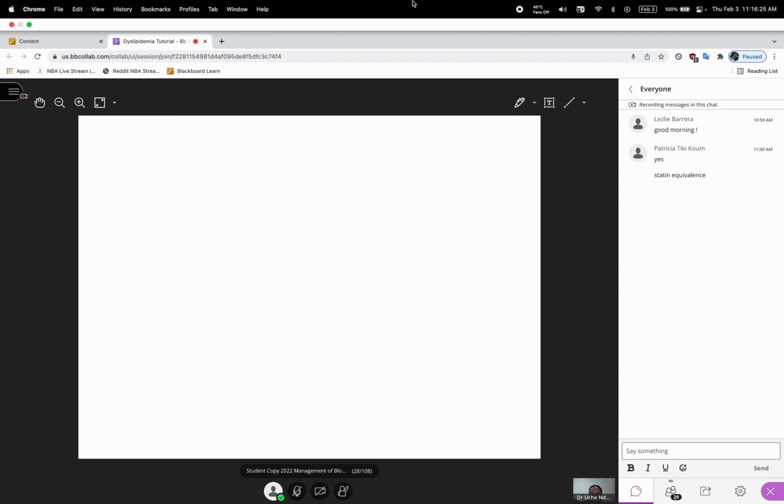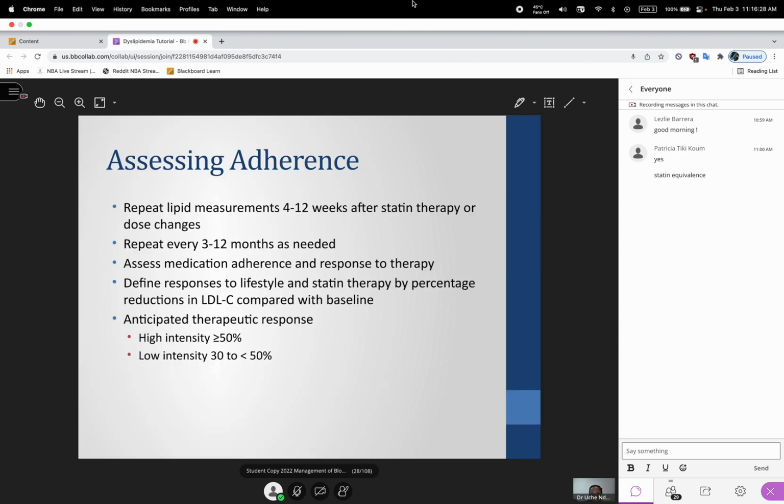Please remember that statins are contraindicated in pregnancy. We bring the patient back after we first initiate the statin, or if we've done a dose change, 4 to 12 weeks after. That's what the guidelines say. In real life, I prefer leaning towards 12 weeks rather than 4 weeks, but the guidelines say 4 to 12 weeks, so anything in there is appropriate.